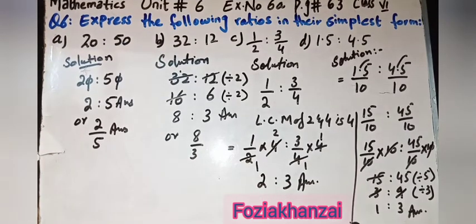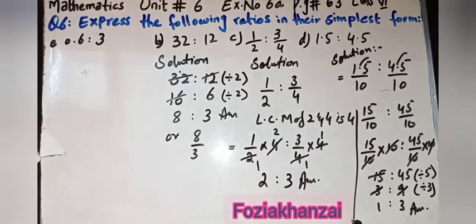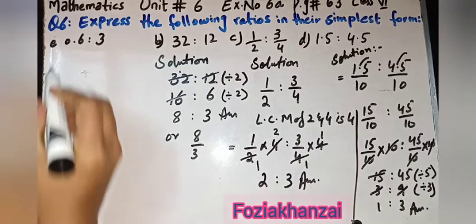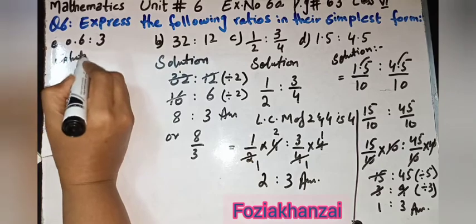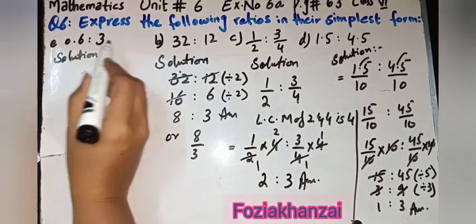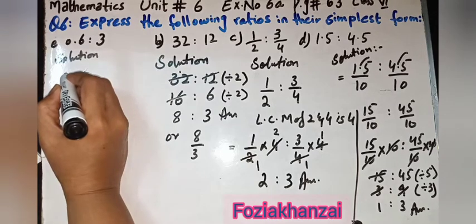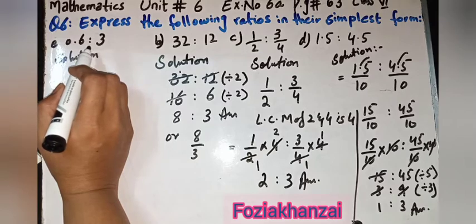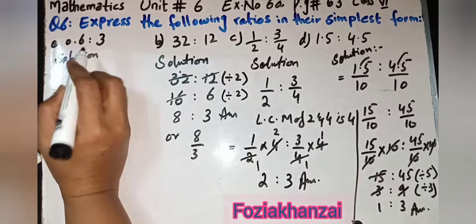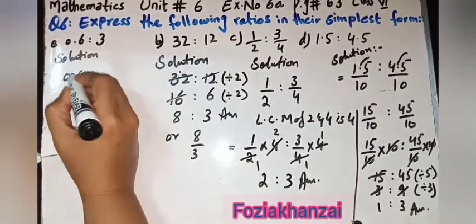Then part D, the last part E, 0.6 is to 3 is given. On one side, in the first value, decimal is given. The next number after the ratio is a simple digit. So this method already we did in example number 3 part C. So first we remove the decimal.